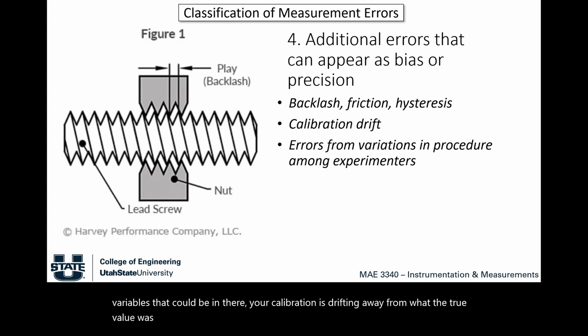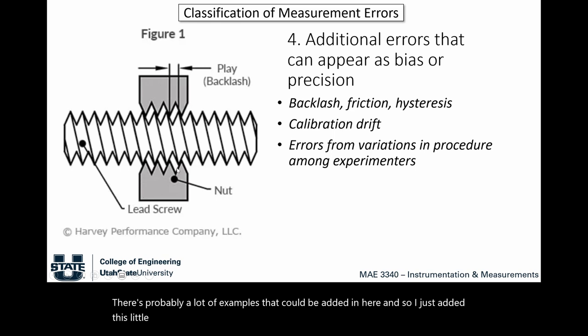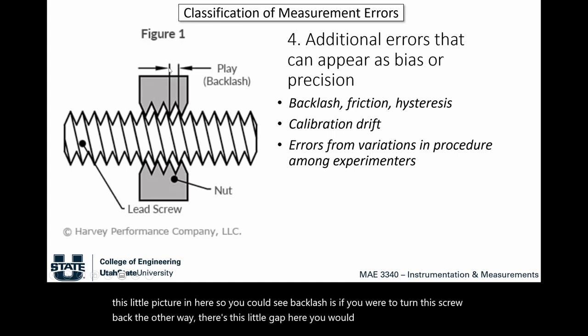Also errors from variations in procedure among experimenters. I think there's probably a lot of examples that could be added in here. And so I just added this little picture so you could see backlash: if you were to turn this screw back the other way, there's this little gap here, you would have that much play or backlash in it, just so you can get a feel for it.